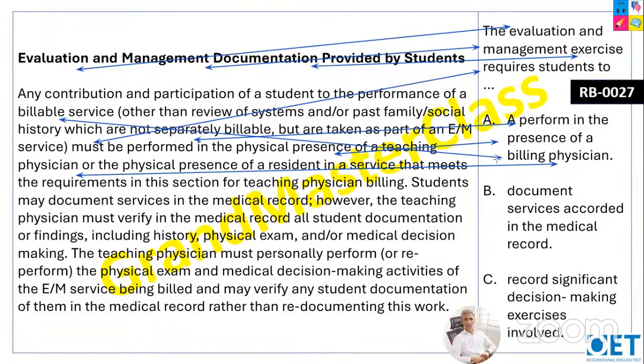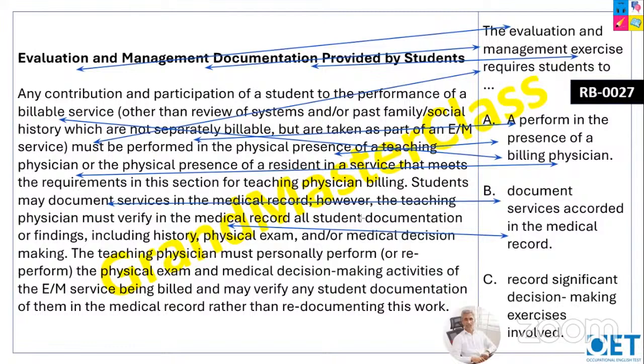So you can see all the points are here. Students may document services in the medical record. Yes, he can document. Students may, not must. May means not required. May means 50-50. Requires means must. May document service in the medical record is correct only.